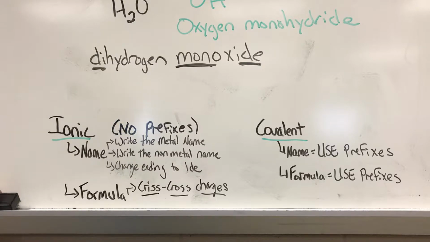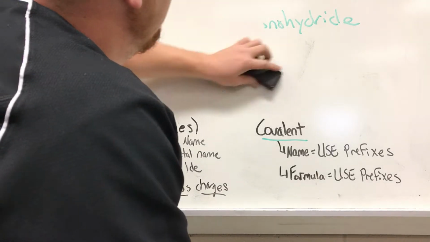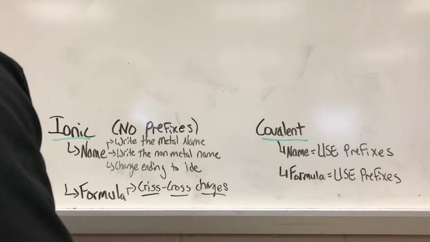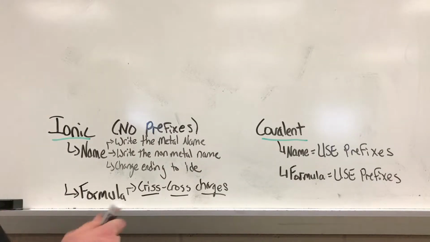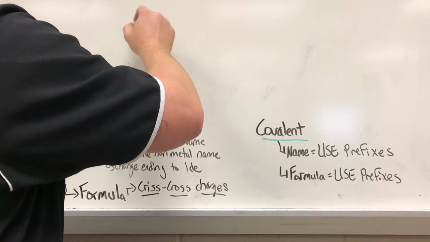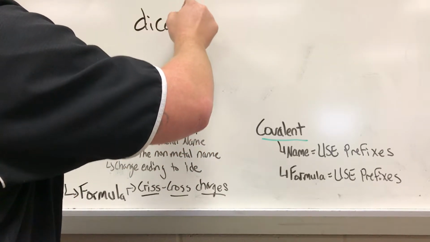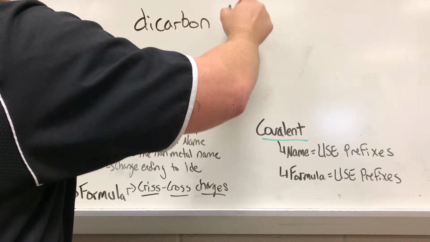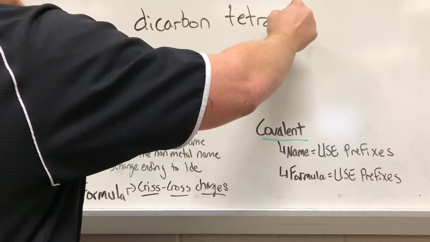Let's move on to writing formulas. We'll start off with our covalent compound. Let's come up with one off the top of my head: dicarbon tetraoxide.